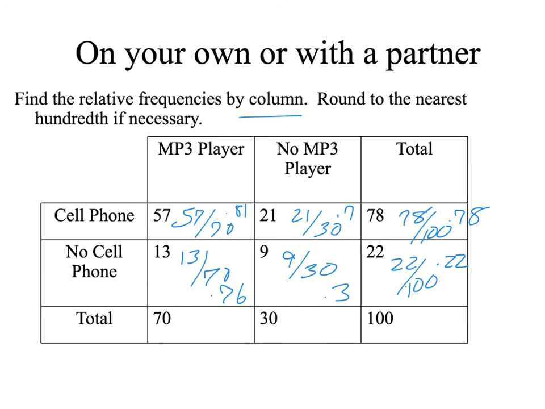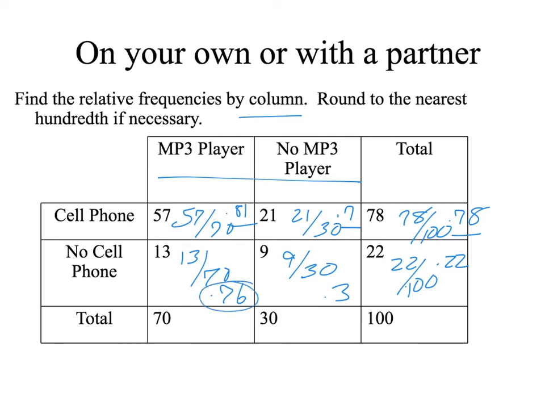Now, it didn't ask you to make any sort of comparisons, but if you look, you can see that odds are that most students have a cell phone. Again, regardless of whether or not they have that MP3 player, my cell phone numbers are always higher. So I'm not seeing that if they have no cell phone, then it's going to be higher odds that they have an MP3 player.